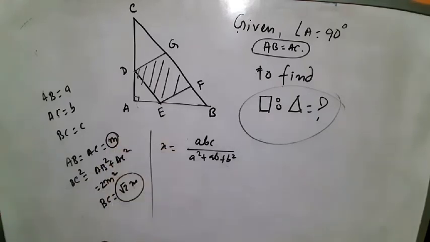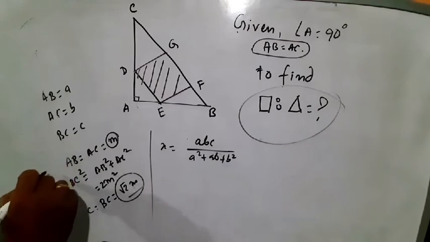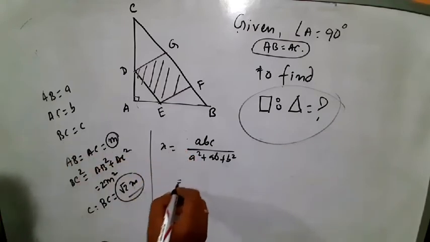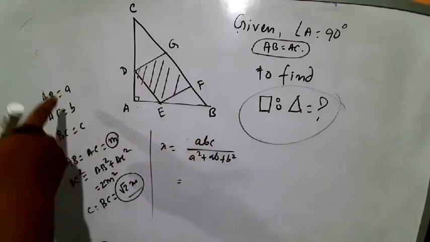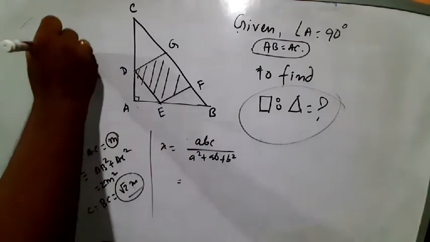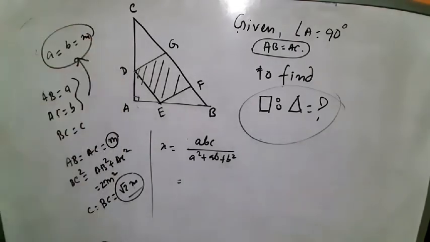Clear? So the value of c equals root 2 m. A and B are all equal, so a equals b equals m. I think it is not so hard.